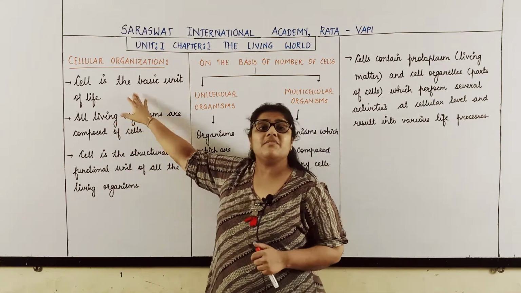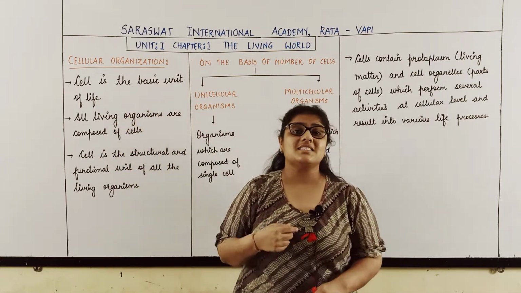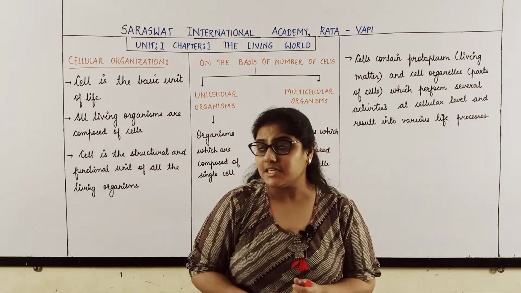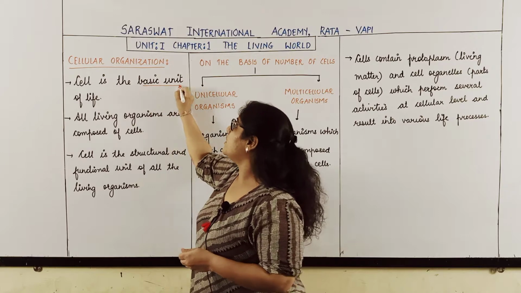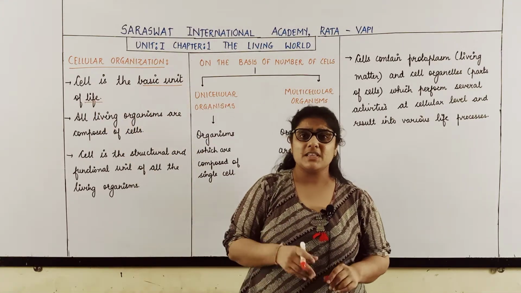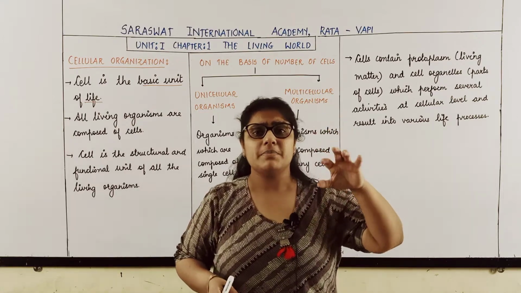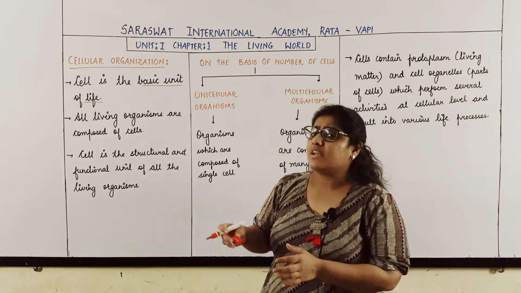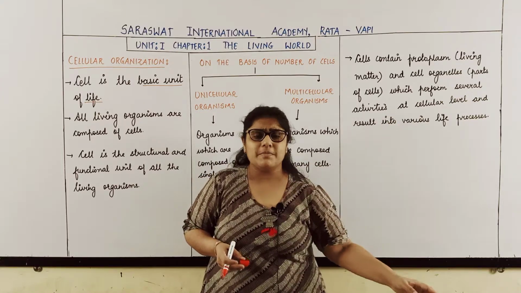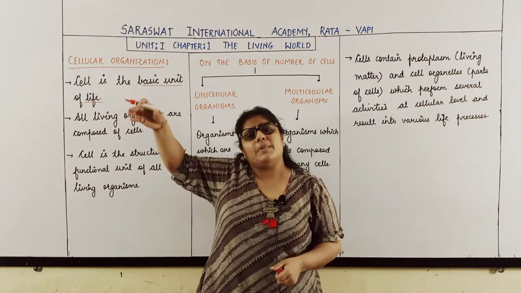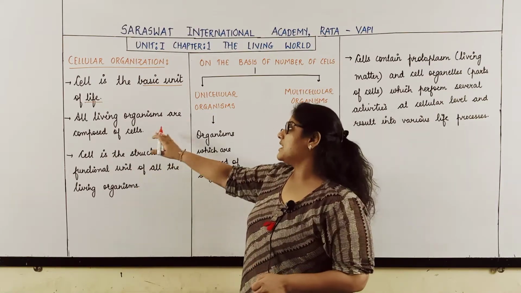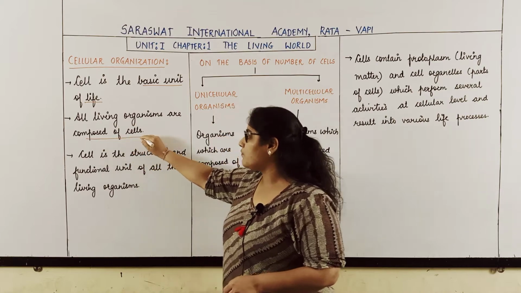So basically we can say that the cell is the basic unit of life. All the organisms, whether a small bacteria or a complex human being, each and every organism is composed of cells.